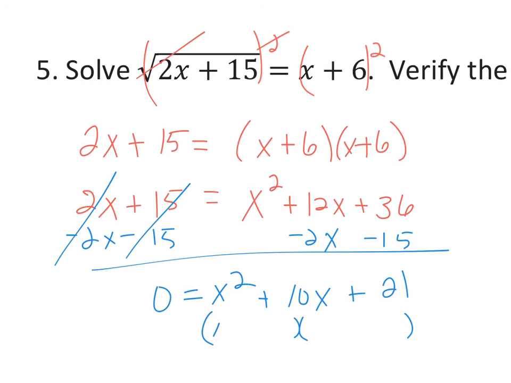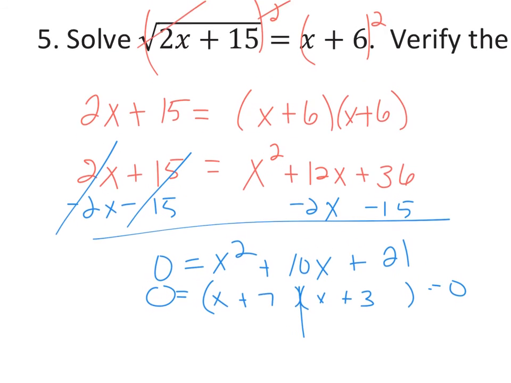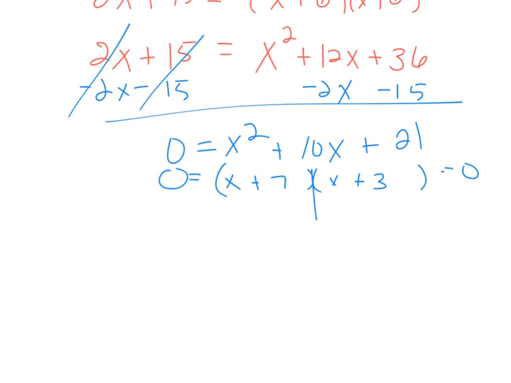Factors of 21 that add to 10 are 7 and 3. You're going to set these both equal to 0. And you'll end up getting x equals negative 7 because you're going to subtract 7 over. And x equals negative 3.